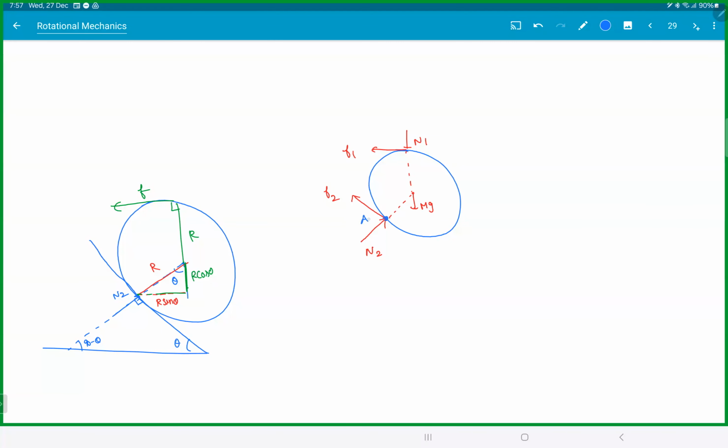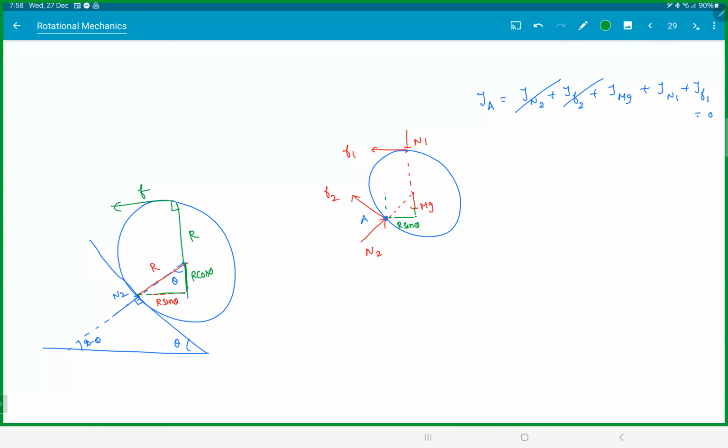So if we talk about this point here, torque about A: torque due to N1, N2, F2, mg, and F1. N2 and F2 are gone. So mg's torque will be mg into perpendicular distance, that is this distance, r sine theta.